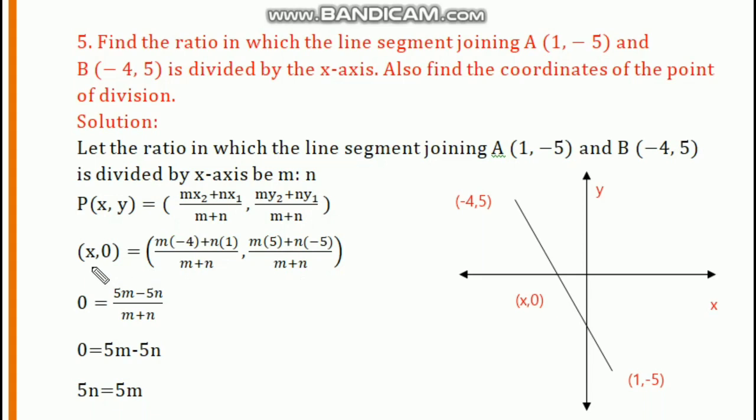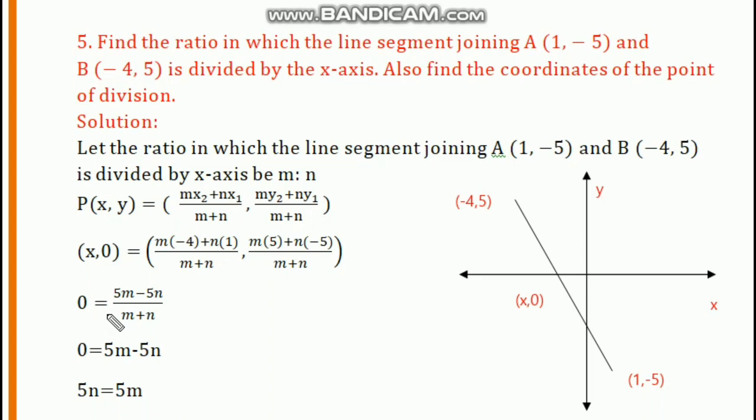We know that the corresponding terms are equal. Here the x coordinate is x, and the y coordinate is 0. If we equate the x terms, we cannot find m and n, but the y coordinate is 0. If we equate the y coordinates, we can easily find m and n. So equate the y coordinates.